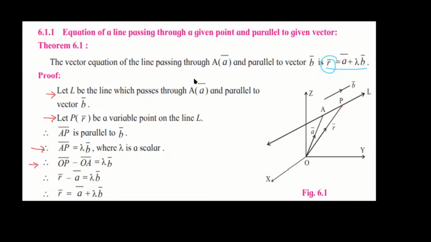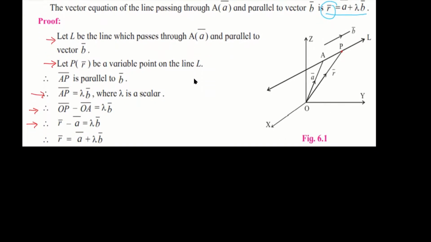Again, this you have learnt in the previous chapter. Now OP is nothing but r bar and OA is nothing but A bar. So we write r bar minus A bar is equal to lambda B bar, or on the other hand, r bar is equal to A bar plus lambda B bar. So this becomes the vector equation of the line.